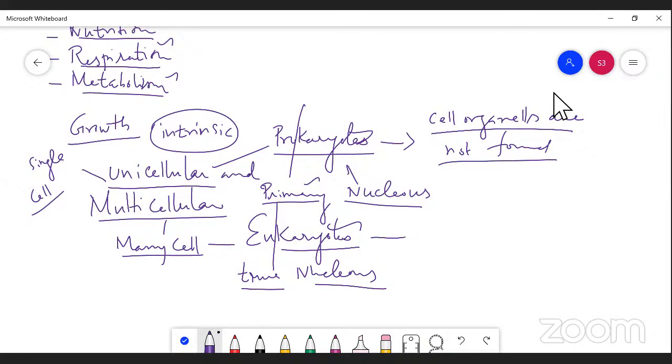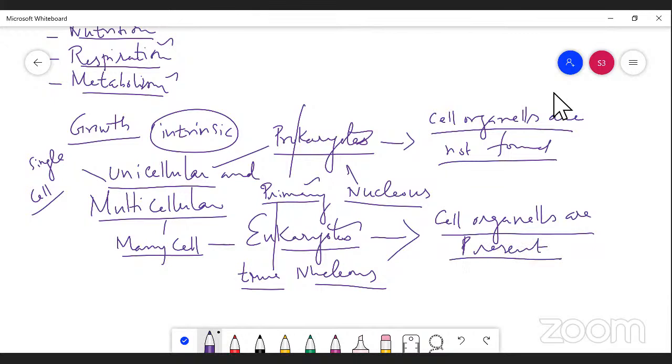But in eukaryotic organisms, cell organs are present, for example endoplasmic reticulum, mitochondria, Golgi bodies, granules, lysosomes, etc. These are only present in eukaryotes. In prokaryotes, only indefinite cell structures and an incipient nucleus are found. Both unicellular and multicellular organisms grow by cell division.